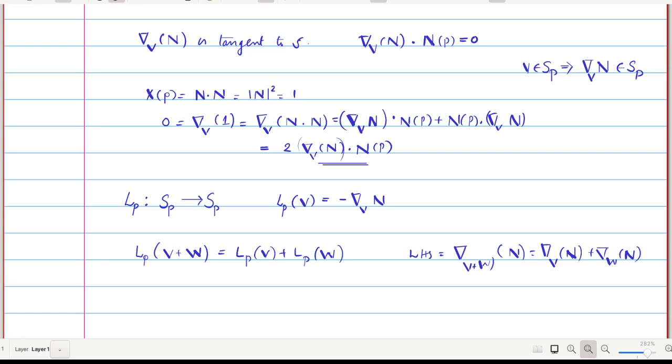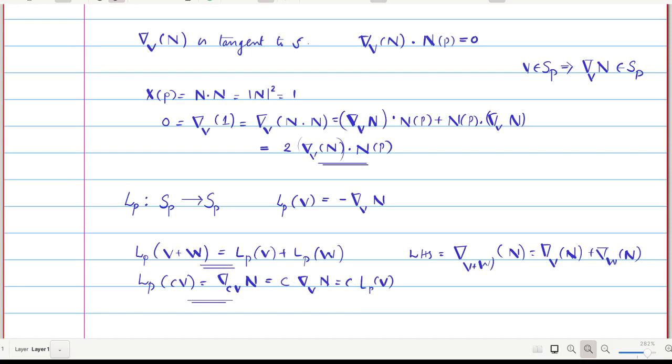In a similar fashion, LP of C times V is, by definition, del of C times V of n, which is C times del V n. So this is equal to C times LPV. These two things can be verified using the properties we discussed in the previous class.